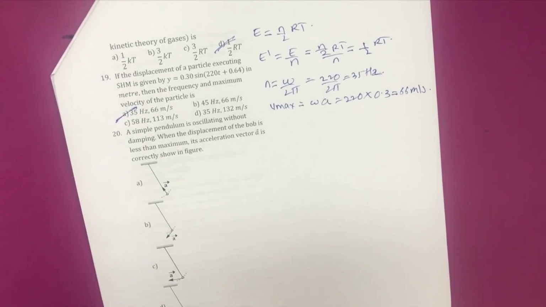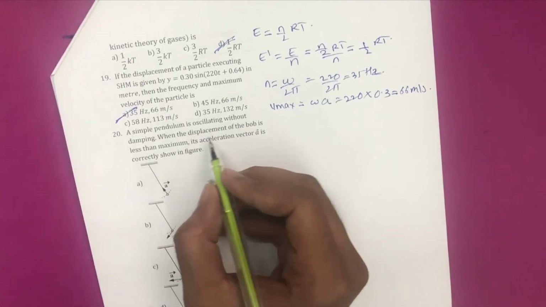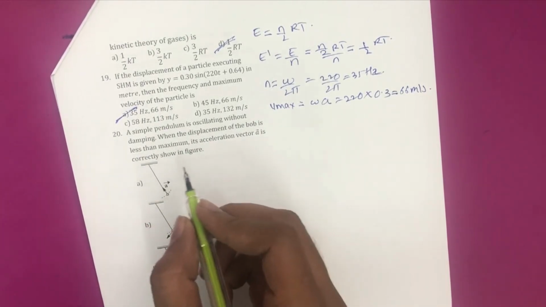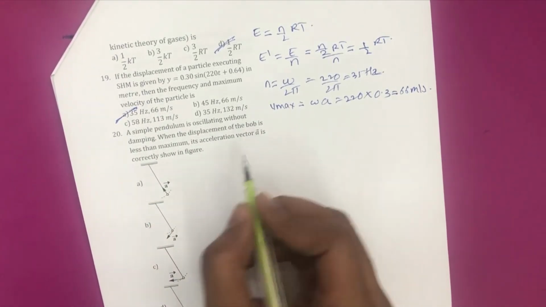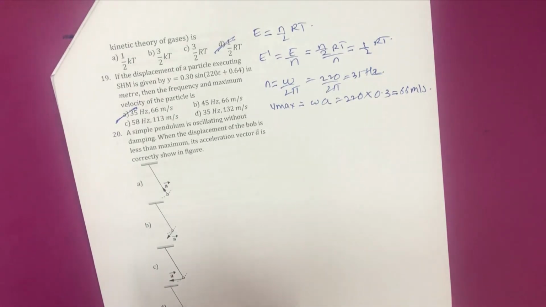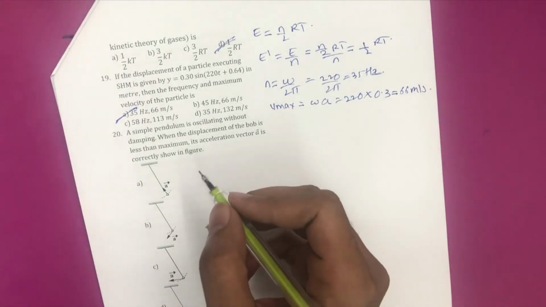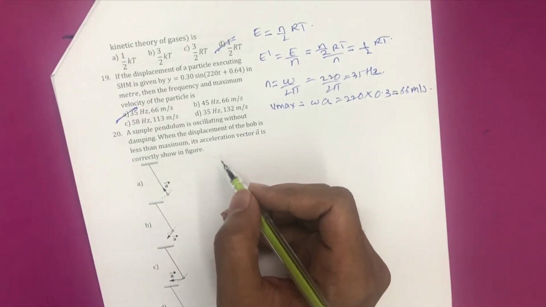Question 20. A simple pendulum is oscillating without damping. When the displacement of the bob is less than maximum, its acceleration vector A is correctly shown in which figure? Basically, which figure represents the acceleration correctly.